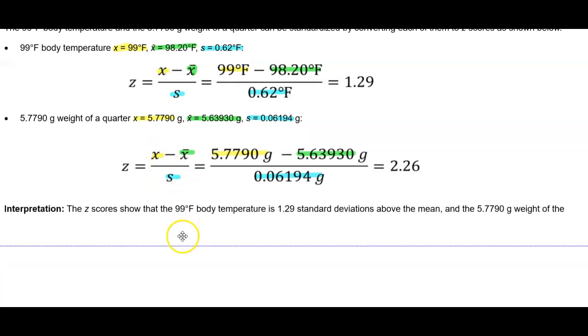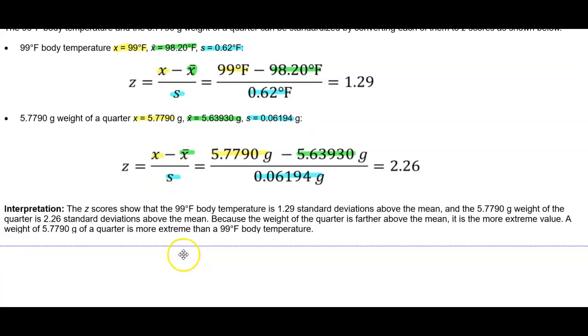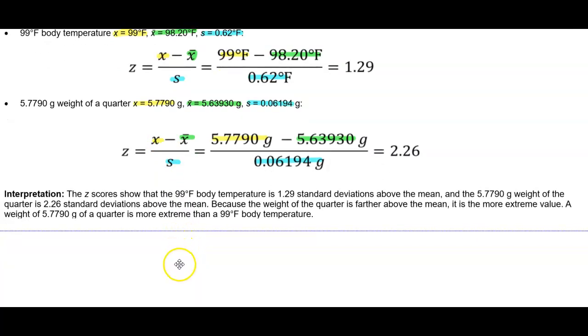All right, so now we need to take a look at the interpretation here. The interpretation of the z-score is the following. The z-scores show that the 99 degrees Fahrenheit body temperature is 1.29 standard deviations above the mean, and the 5.7790 grams weight of the quarter is 2.26 standard deviations above the mean.